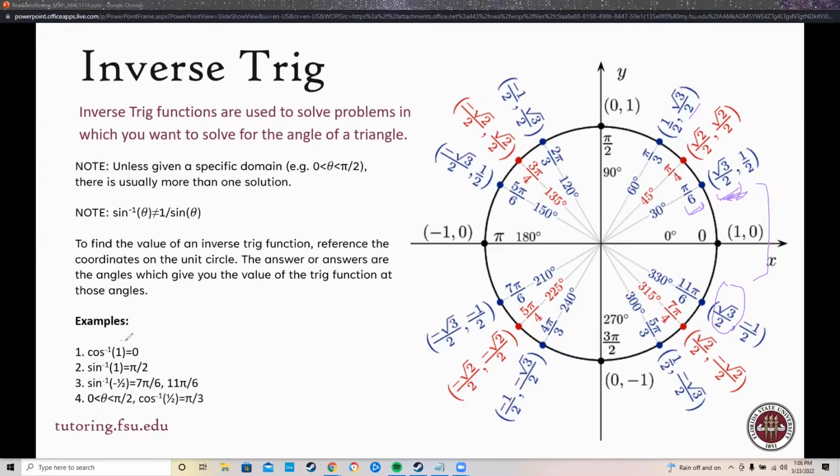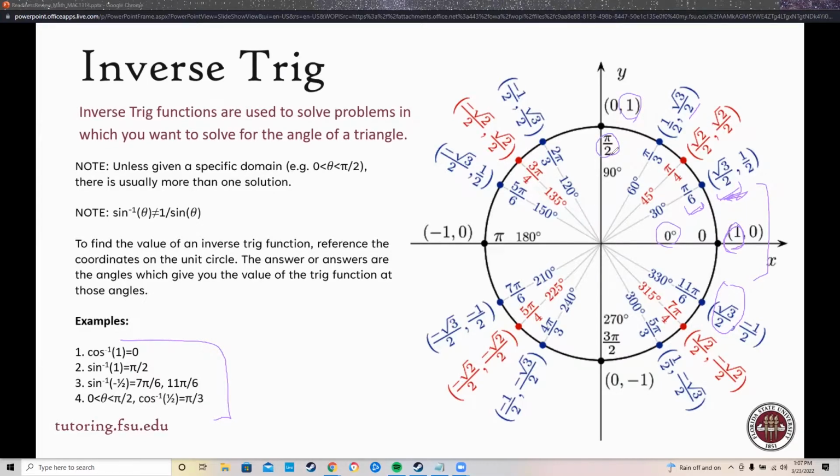So some examples to hammer this point home. Usually you'd say, what's cosine of 0 degrees? And you would say 1. But now if it's asking what's the inverse cosine value when you have 1, the answer is 0 degrees or 0 radians. Similarly, inverse sine of 1 is pi over 2.